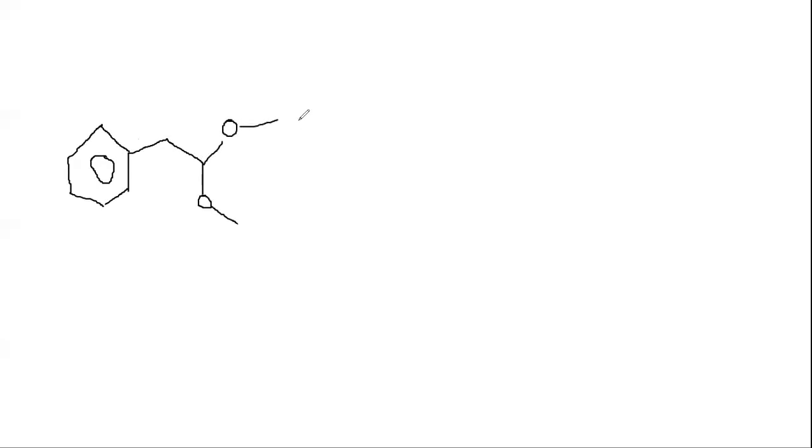So let's analyze why this is acetal. Please look at this carbon. This carbon contains ether on this side, and this carbon also contains ether on the other side. So this is acetal. That's how we identify it. And this is called rose acetal.